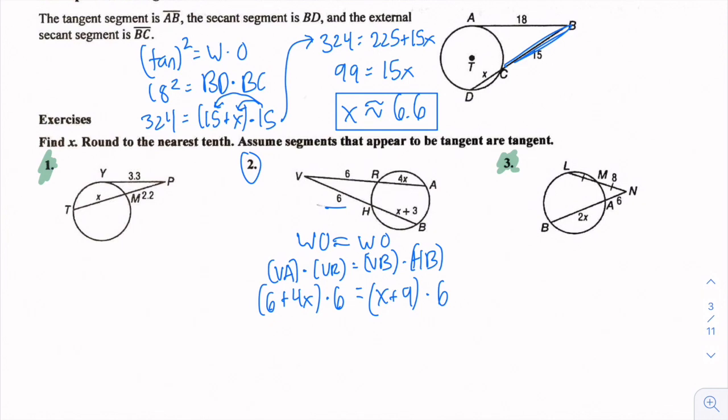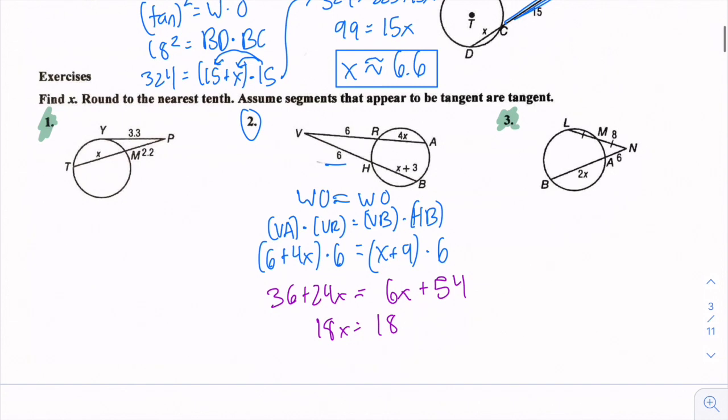Let's distribute. 36 plus 24x equals 6x plus 54. Let's move all the x to one side. 18x equals 18. That's beautiful. x equals 1.